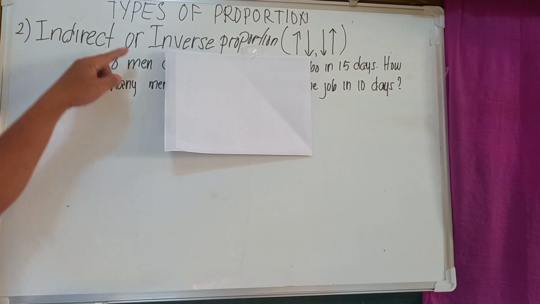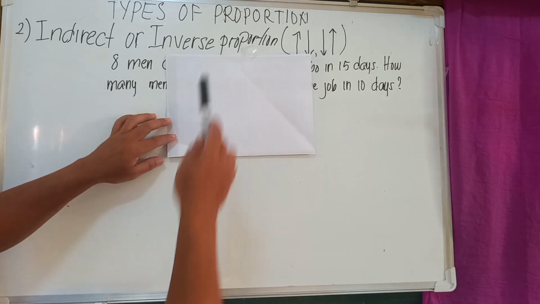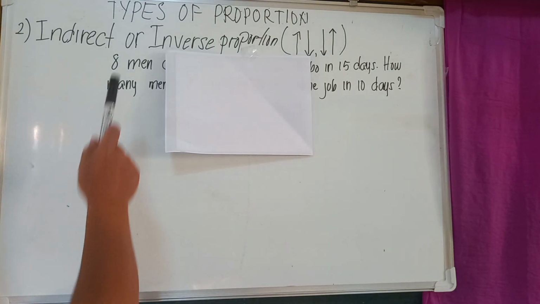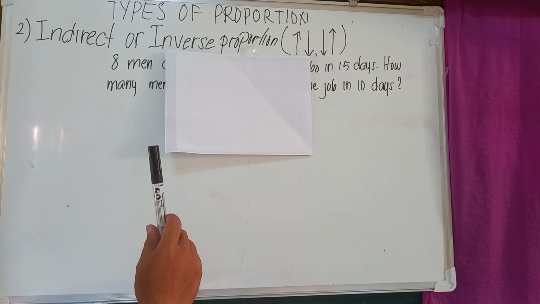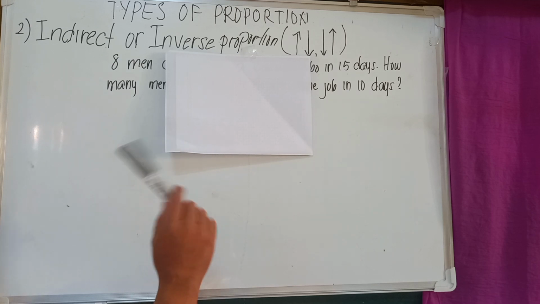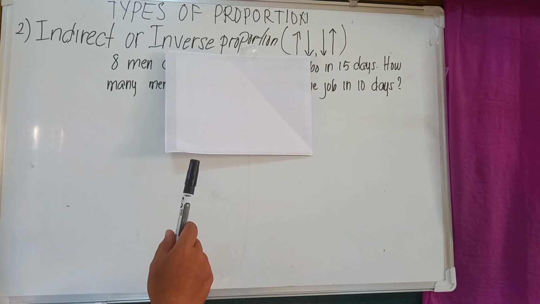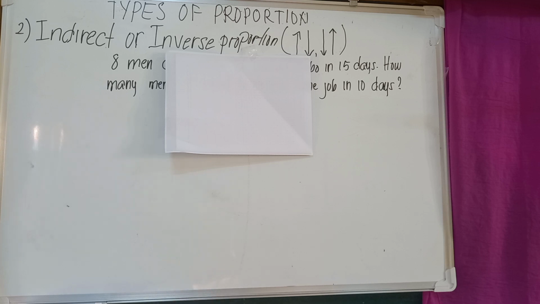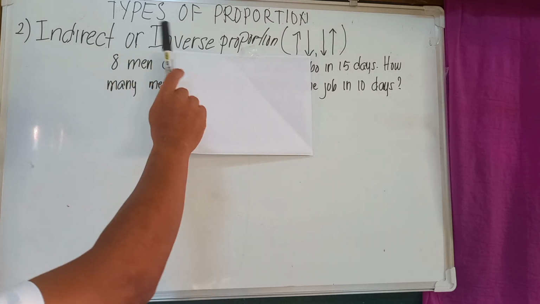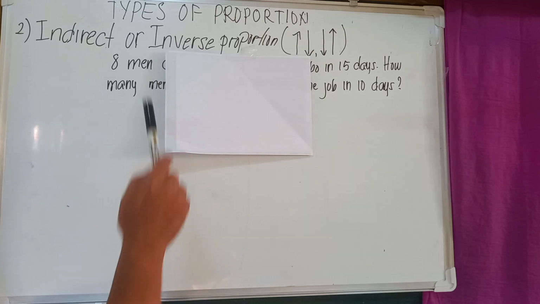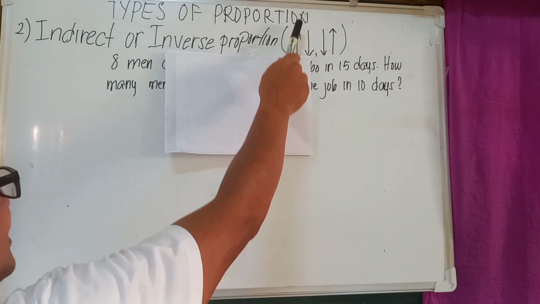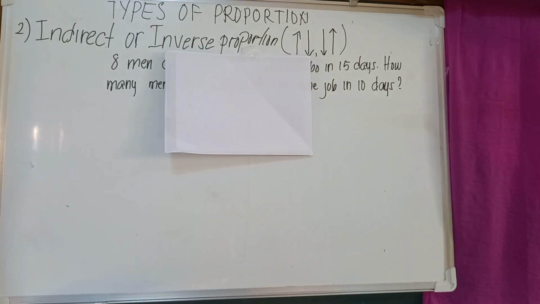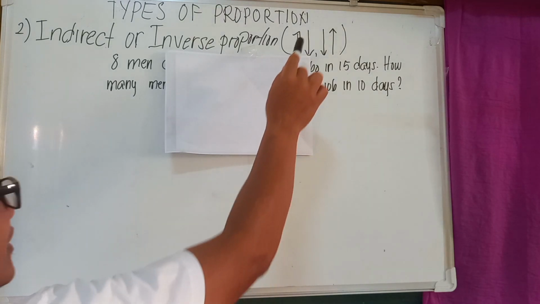The indirect or inverse proportion. Inverse proportion or indirect proportion is the opposite of direct proportion. Dito, sa indirect or inverse proportion, as one quantity increases, the other quantity decreases.